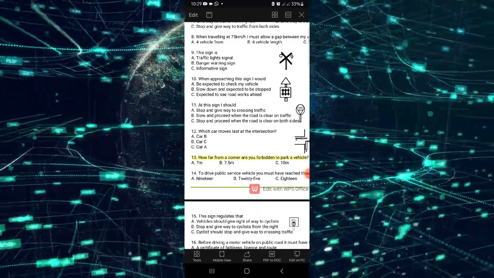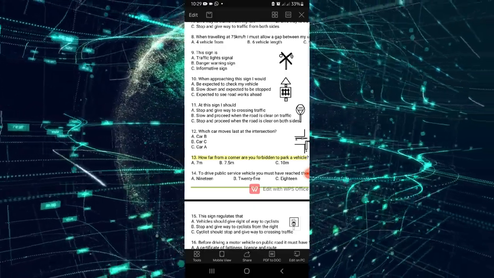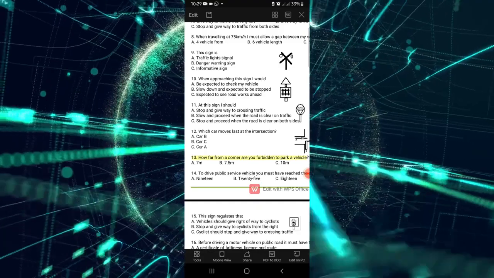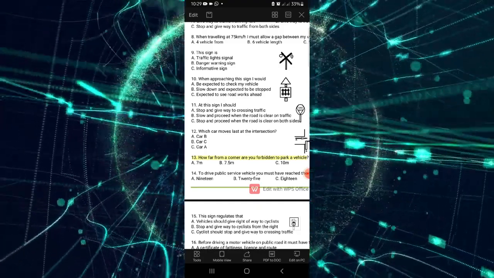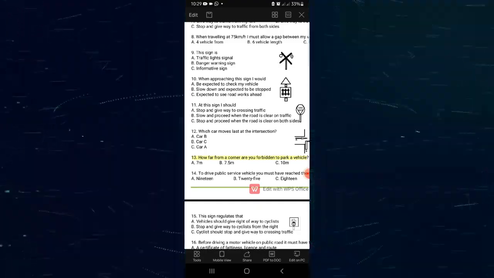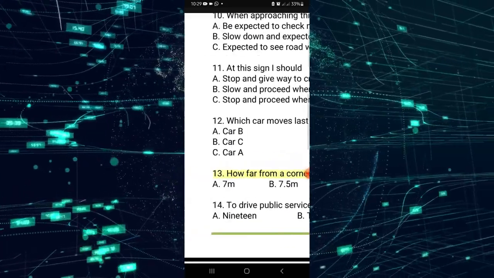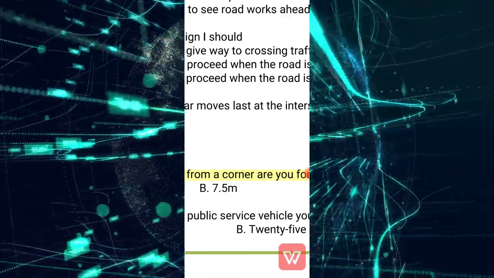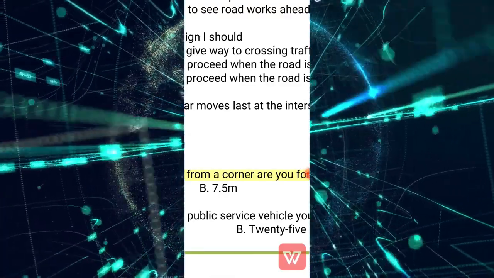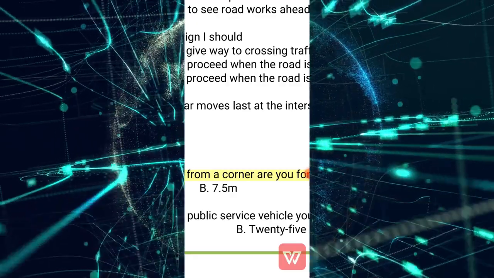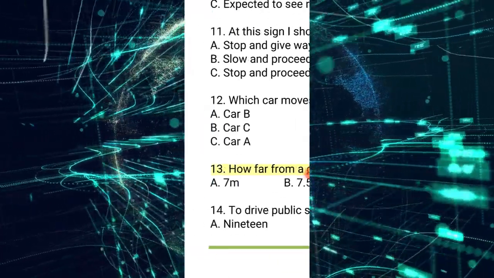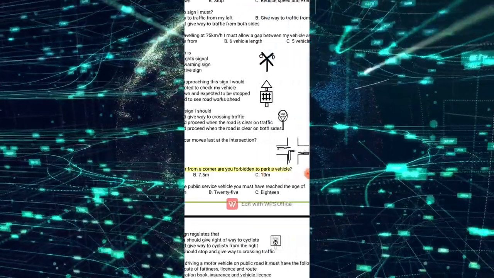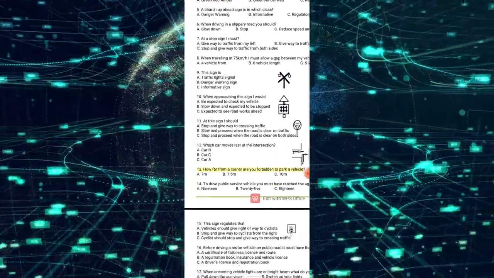So when they say how far from a corner are you forbidden, probably that you have parked less than 7.5. So our correct answer here is A. You're allowed to park 7.5 meters or more from a corner, but you are forbidden to park at less than that. 10 meters, that's probably fine. That's within the normal range.